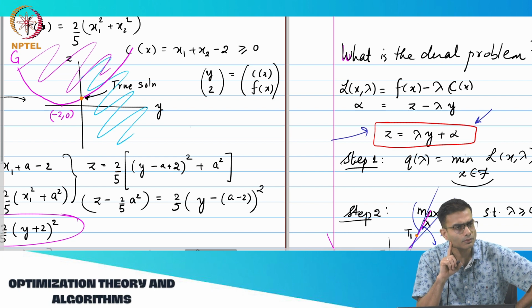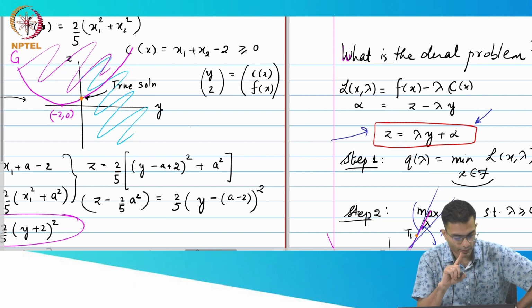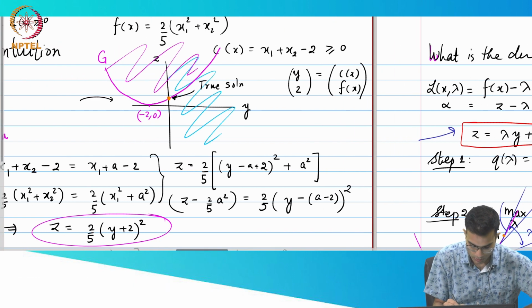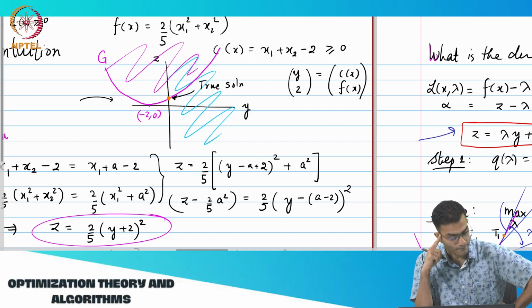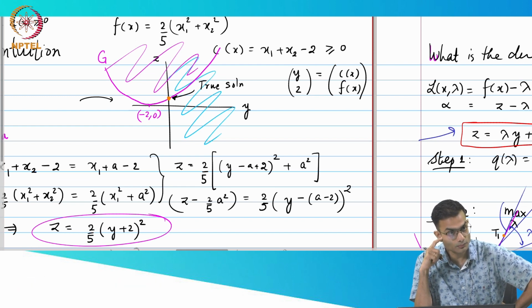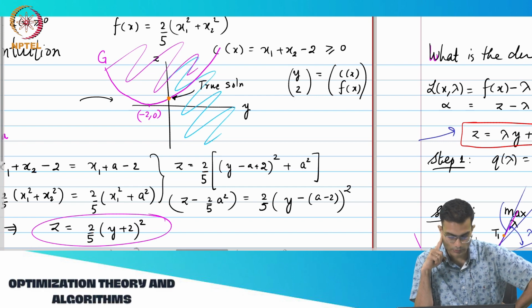Okay. But the question answer we got was 4 by 5. The y equal to 0, where are you substituting? Here. Yeah. So we will get 2 into 2 square by 5 which is 8 by 5. But like without using this duality, without using this y-z translation and we just originally solved using t, correct, we got 4 by 5 as the answer. Have we made a mistake somewhere in the algebra?